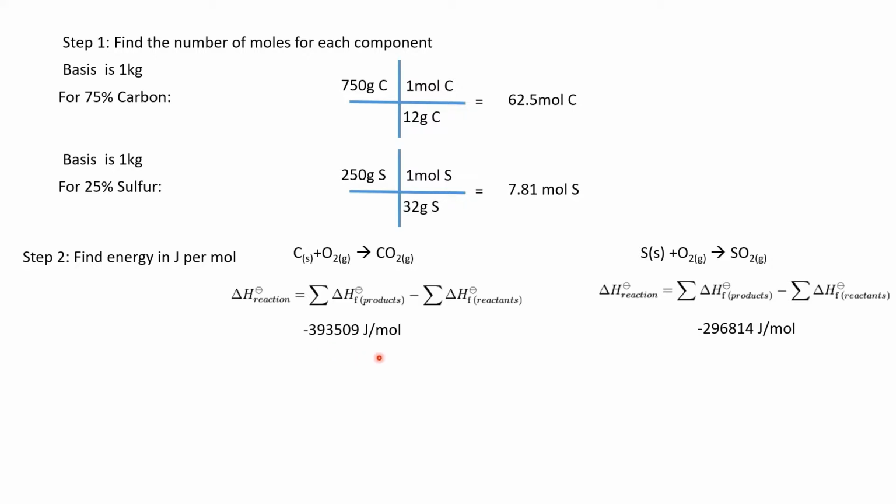393,509 joules per mole. Similarly with sulfur, the heat of formation for sulfur and the heat of formation of oxygen is also 0, so we really only care about the heat of formation of SO2, or sulfur dioxide, and that's negative 296,814 joules per mole.